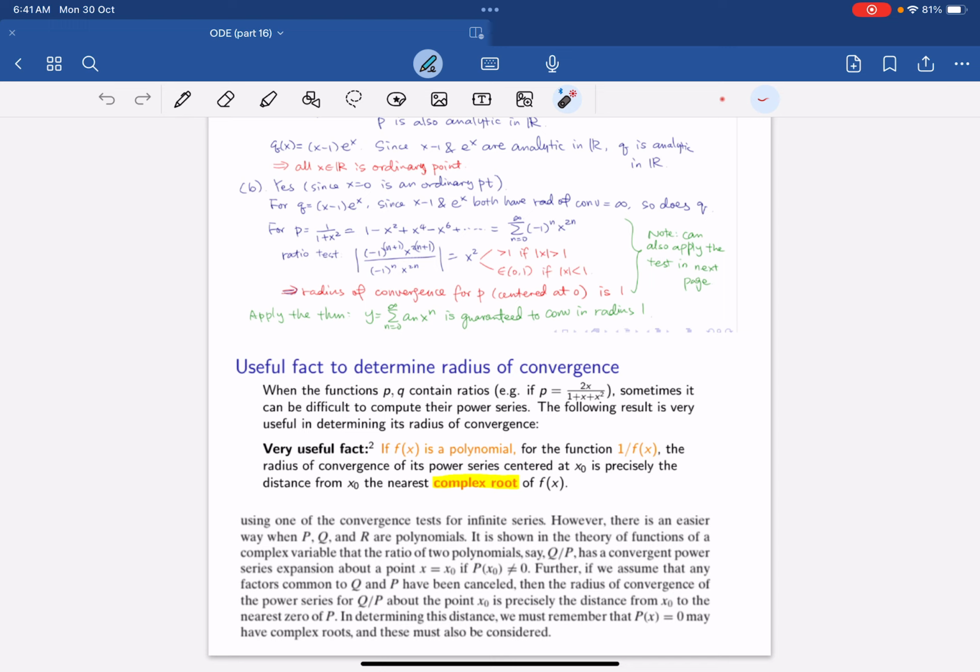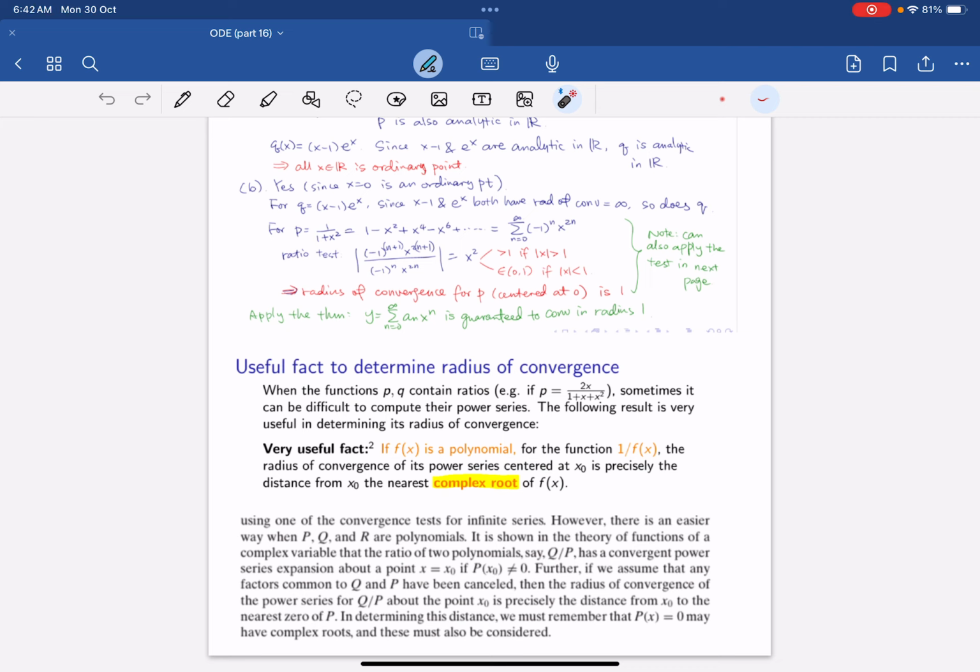Another useful fact in determining the radius of convergence is that if f(x) is a polynomial, then for 1 over f(x), the radius of convergence will be precisely the distance from x0 to the nearest complex root of f(x).